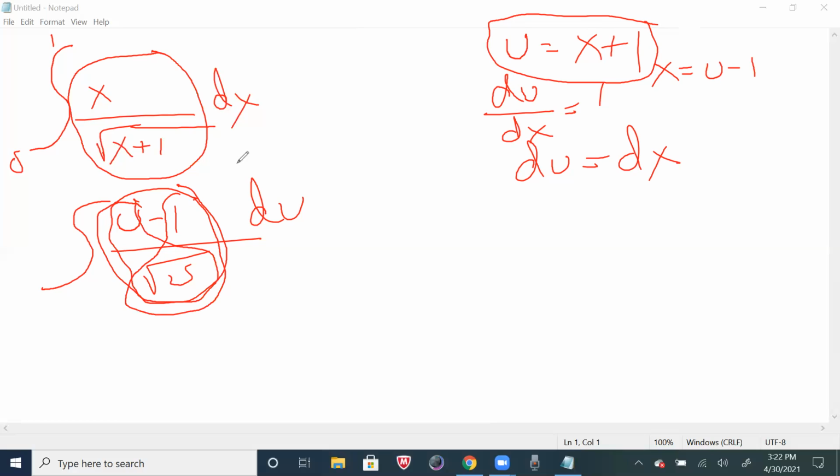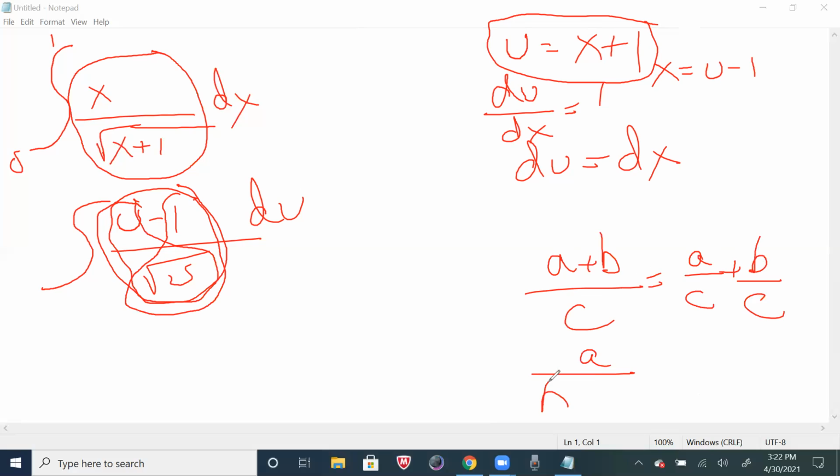In other words, in order to split up two fractions, let me lay it out simply. A over b plus c is equal to a over c plus b over c. But a over b plus c is definitely not equal to a over b plus a over c.